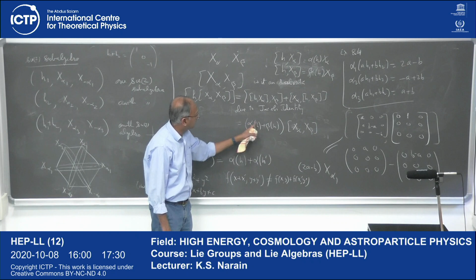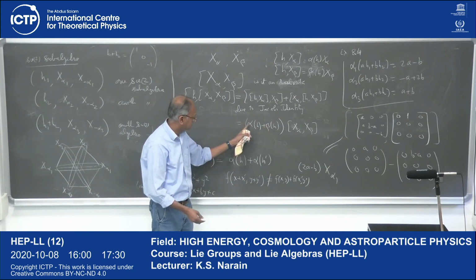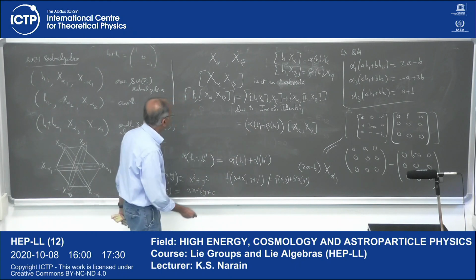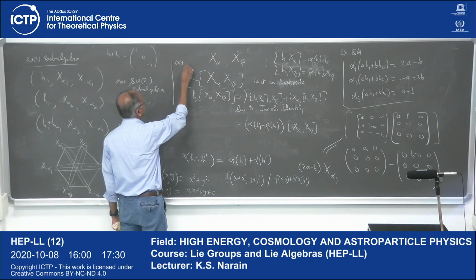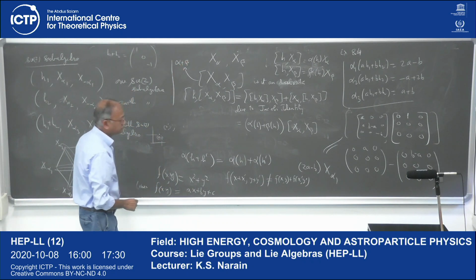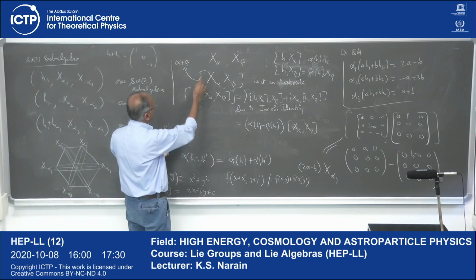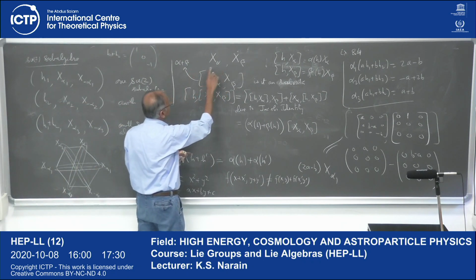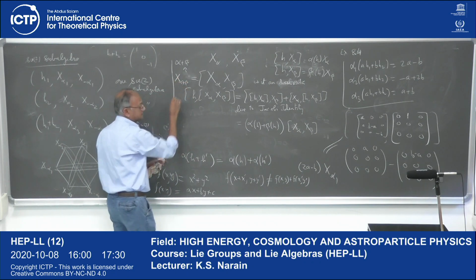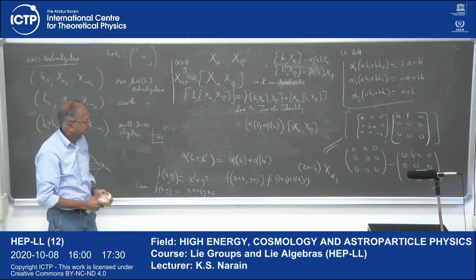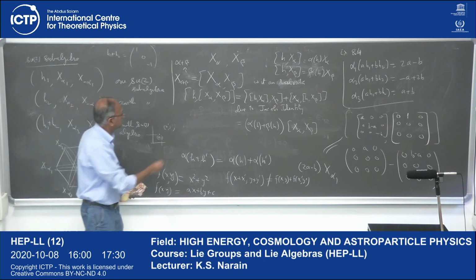We saw that alpha and beta live in the dual vector space, so the addition alpha plus beta makes sense. According to our notation, this is nothing else but some number times x alpha plus beta, proportional to this.